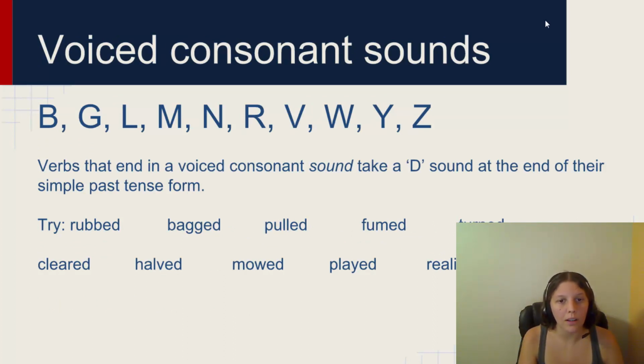B, g, l, m, n, v, w, y, z. These are voiced. You can hear my voice when I say these. So if a verb ends in one of these voiced consonant sounds, then you need to have a d sound at the end of the ed, right?